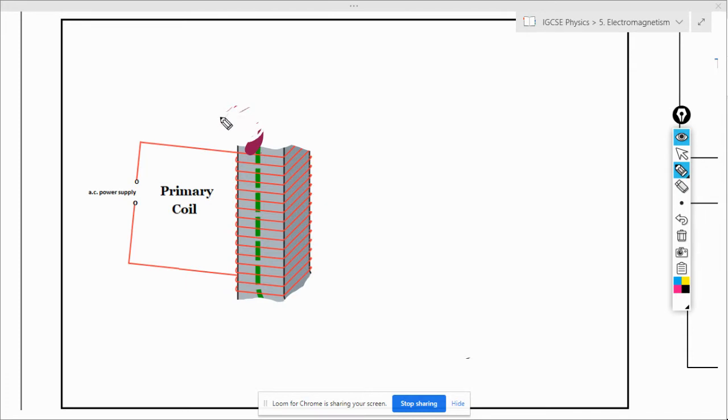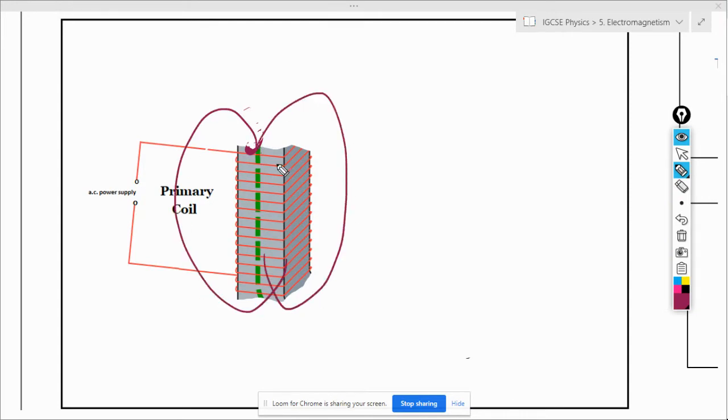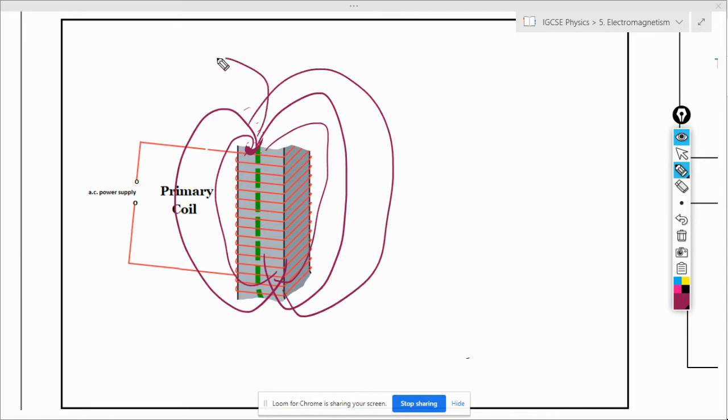So if we had a current going through this coil of wire, it would have a magnetic field around it that looked just like this. You know, just the same as a bar magnet, right?